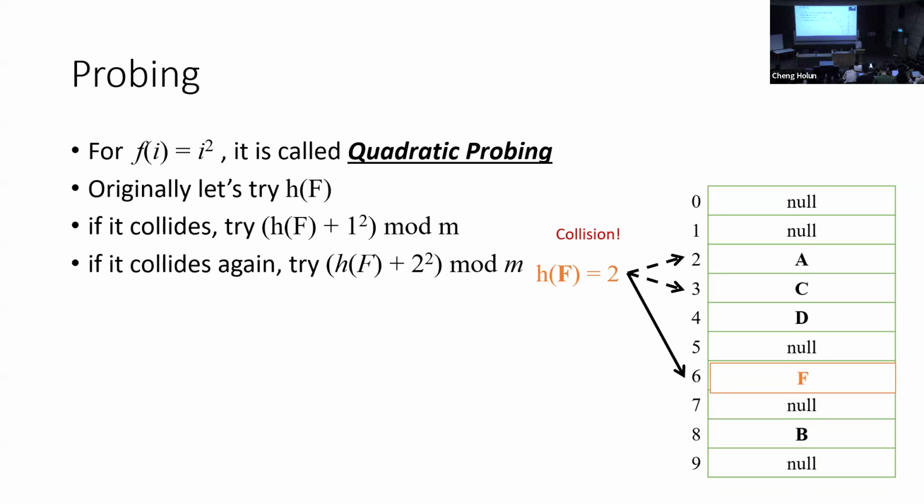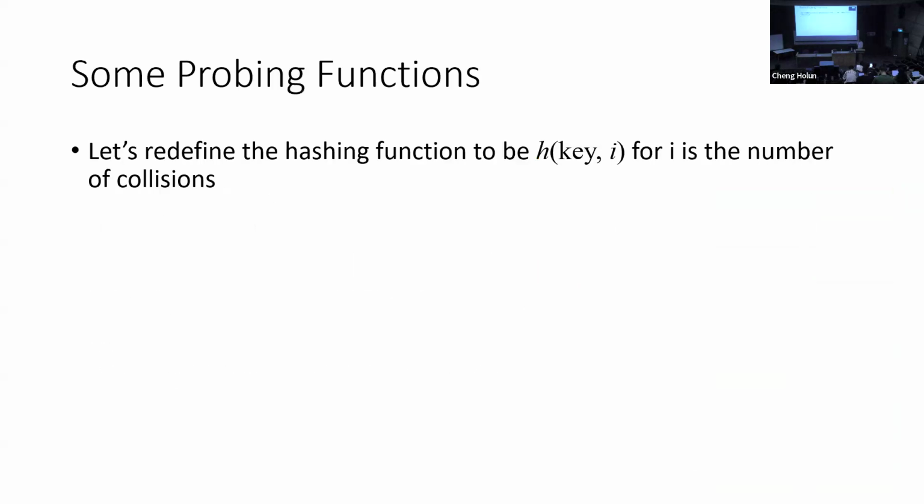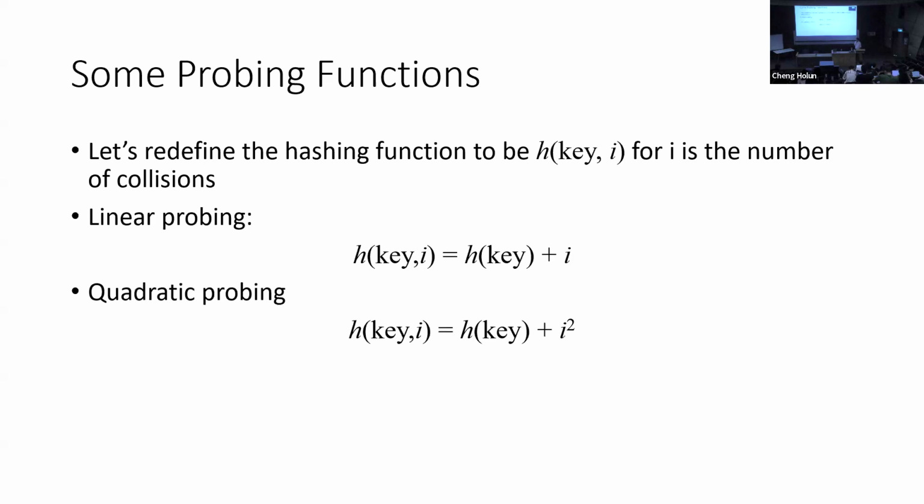In a way, you can actually modify the function F to anything you want to make the probing more interesting. So let's redefine the hashing function to be hash of key with i, such that i is the number of collisions. The hash function of linear probing is simply the hash of the key plus the number of collisions.